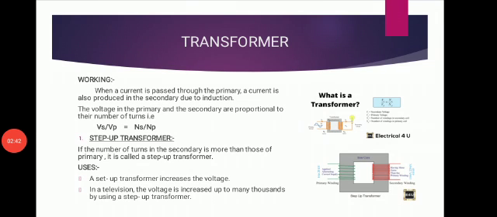It simply states that the ratio of secondary to primary voltages is equal to the ratio of the number of loops, meaning the number of turns in their coils.